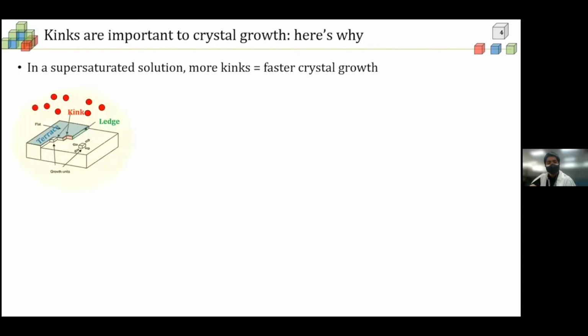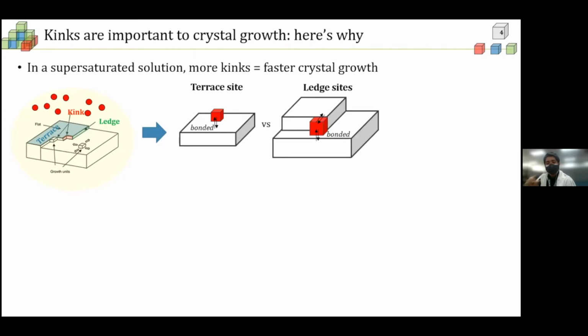If you can imagine, we have a lot of atoms inside a solution trying to grow the crystal. If these atoms adsorb onto our terrace site, there are basically just two saturated bonds to this terrace site. If you go towards the ledge or the step, you can see the bonding coming from the step and likewise from the bottom terrace.